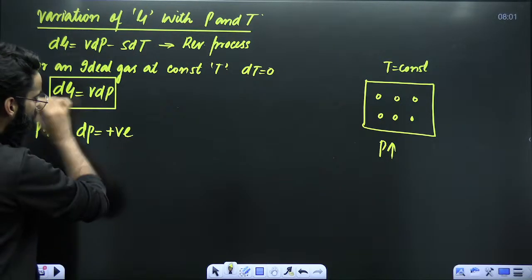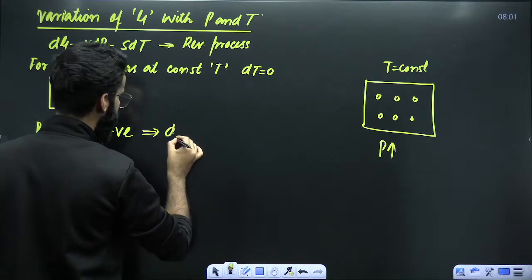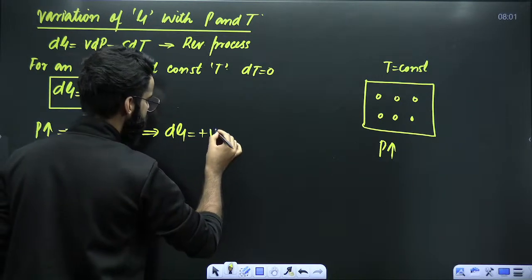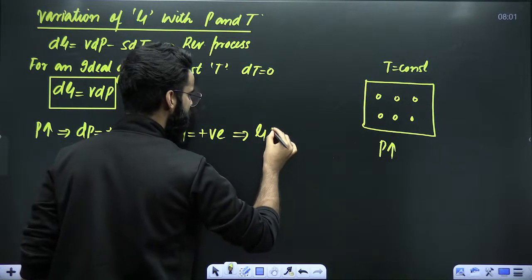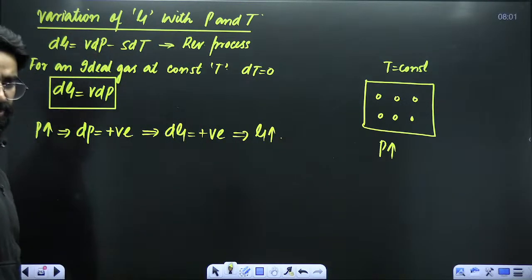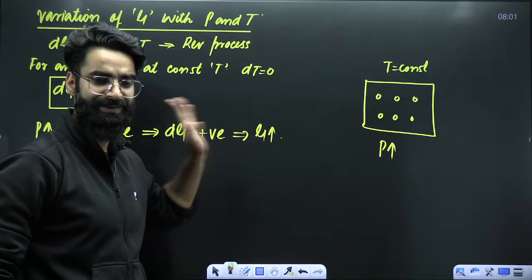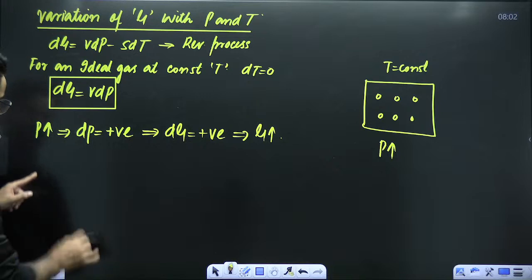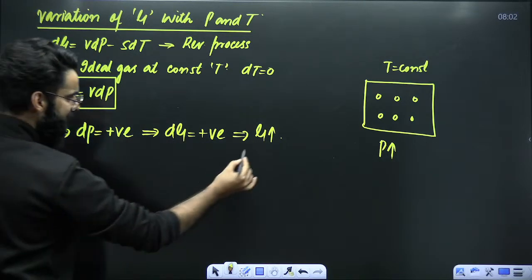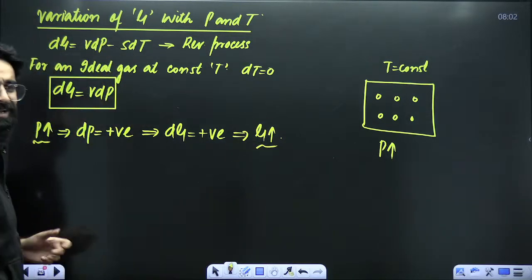If dP is positive, this whole term is positive, and that means dG is positive. And when is dG positive? When G increases. dG is positive only when G is increasing. So what can we conclude from here? On increasing the pressure of the ideal gas, Gibbs free energy of the ideal gas increases.